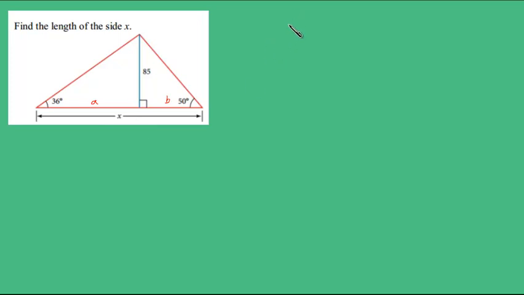So how can we find A? Well, we recognize again that the tangent of 36 is 85 over A. So A gives us 85 divided by the tangent of 36. Likewise, for this side, I know that the tangent of 50 is equal to 85 over B. And so B becomes 85 over the tangent of 50.